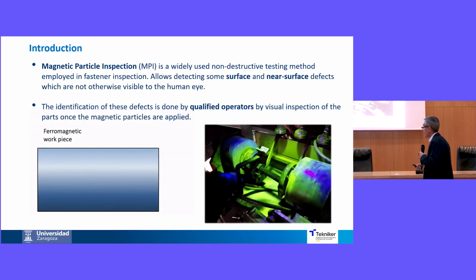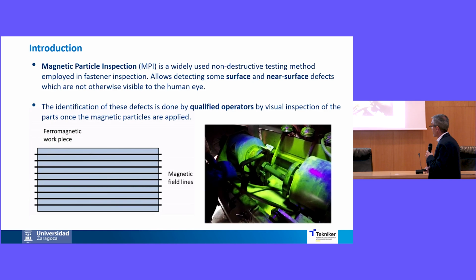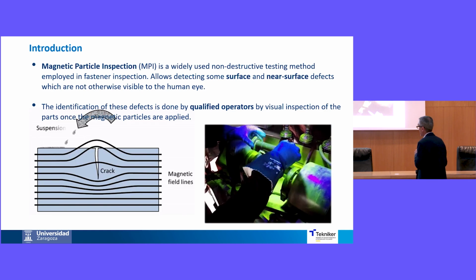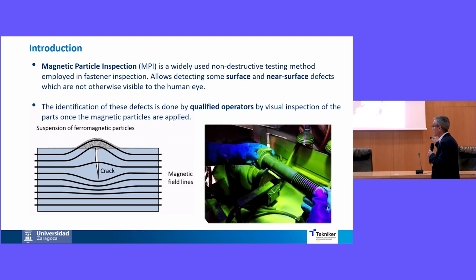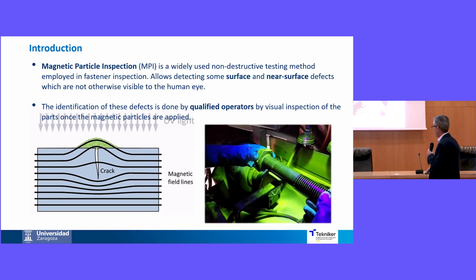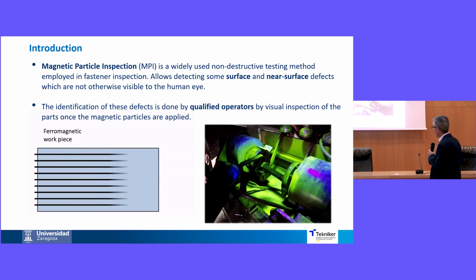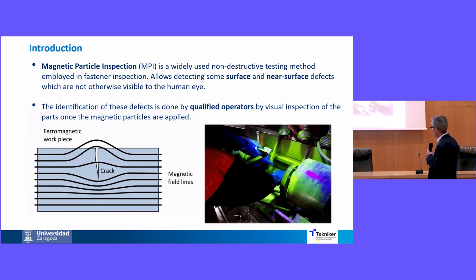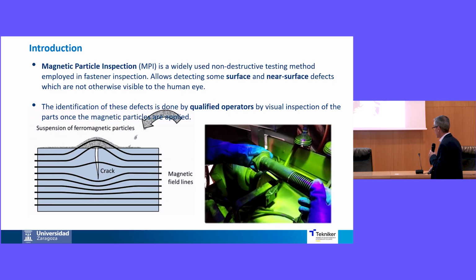The last part of the manufacturing process is an inspection. These products are inspected using magnetic particle inspection. This is a manual process and not quite easy, so we need qualified operators to do that.